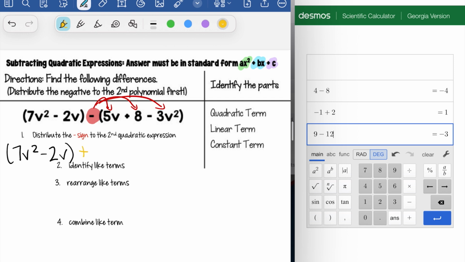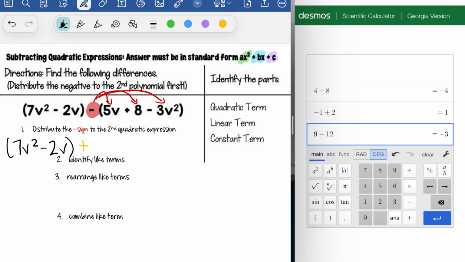And so let's go ahead and distribute. Negative times a positive 5v would give me a negative 5v. A negative distributed or multiplied to a positive 8 will give me a negative 8.